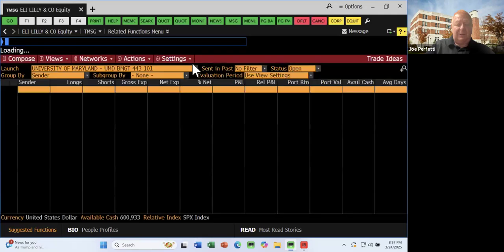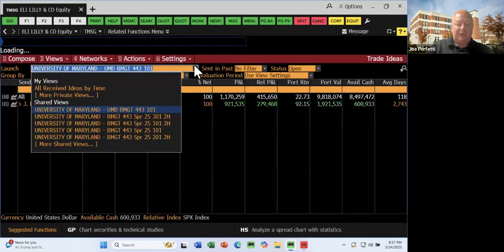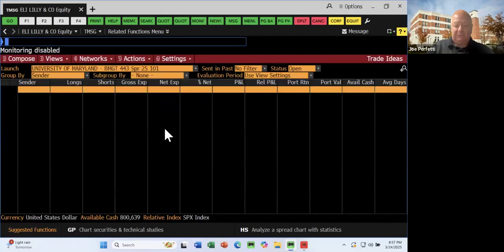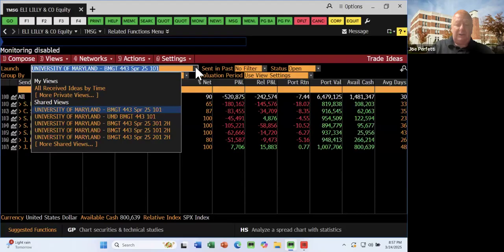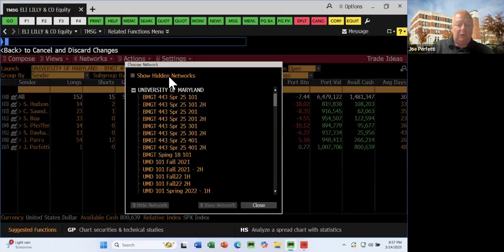In your dropdown, say you're in section 101, this 101 section was the first half of the semester. Then I cloned it and created another one that says 101 2H, 201 2H, 301 2H, 401 2H. That's the second half trading challenge.